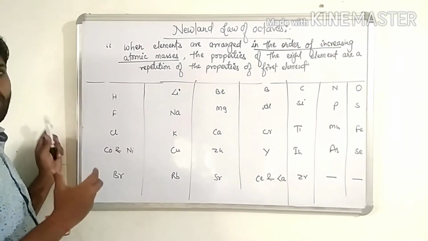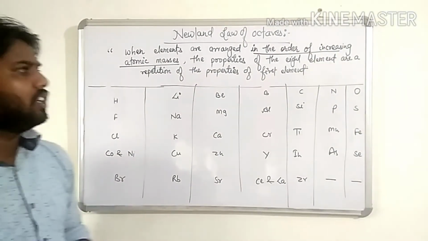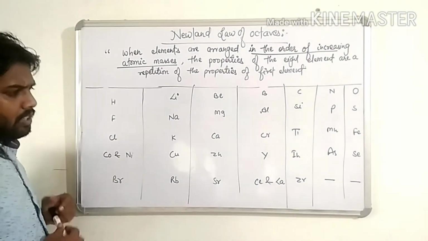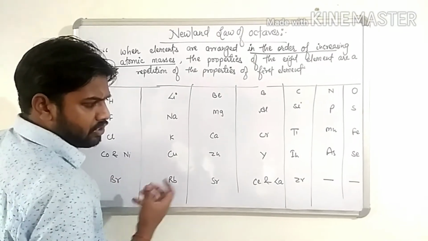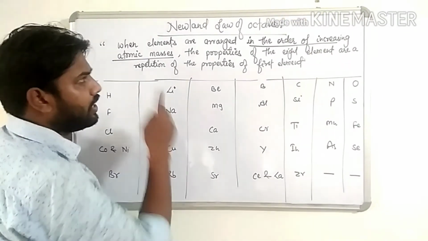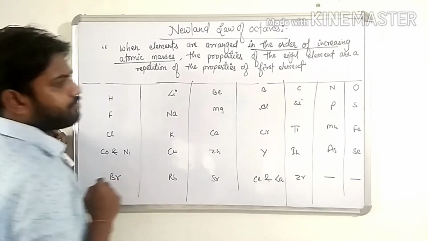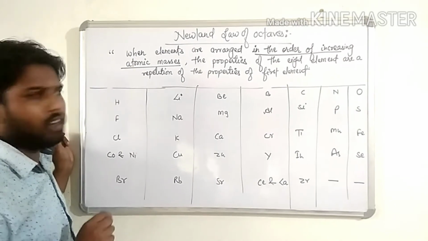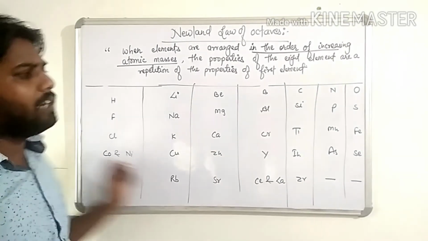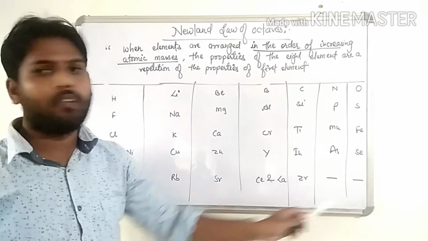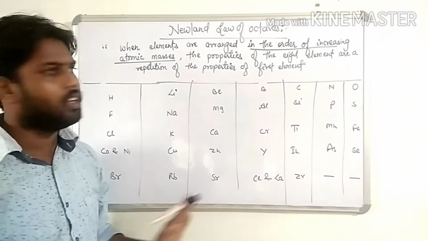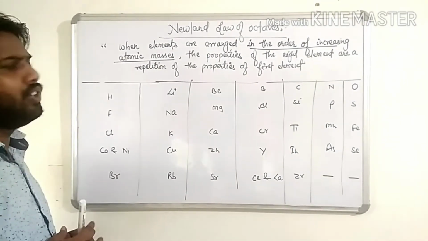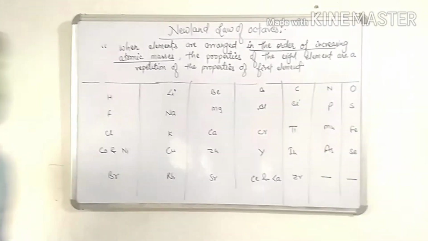So on the basis of this, Newlands gave the law of octaves. But children, we see that there are some gaps left by Newlands. These gaps were blank at that time because he stated that only these elements can be in the form of octaves. Clear?